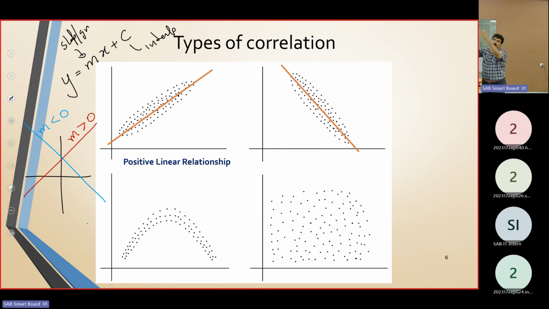Now that one, points are closer to a straight line slanted towards the left, then it has a negative slope. So that shows a negative linear relationship. Then if you come to this one, first we have to see whether there is some kind of nice structure. So here we have a structure. So there is a shape, so there is a relationship. But that is not a straight line.